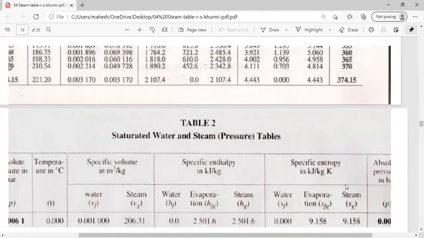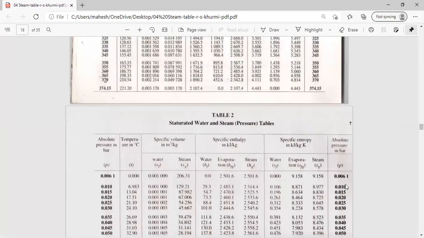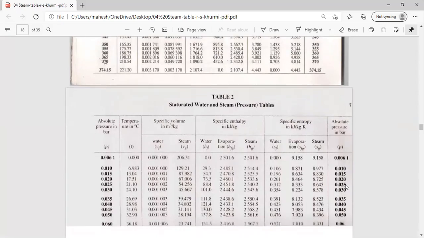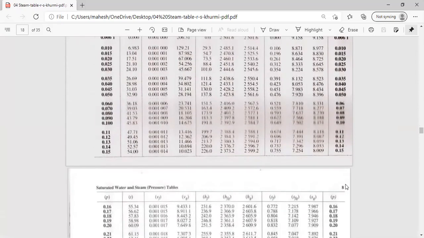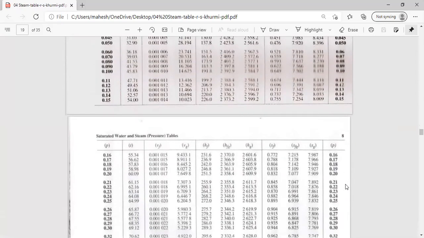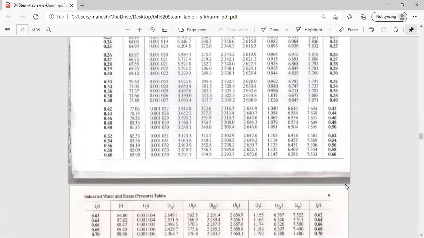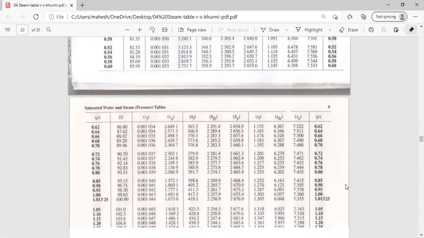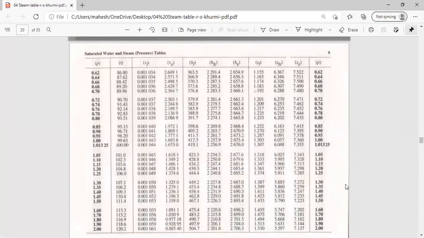In the pressure table, as you see, the first column is the pressure column and the second column is the temperature column. My pressure is 0.1 megapascal, which is 1 bar, approximately 1 atmospheric pressure. So you see that when the pressure is 1.01325 bar, the corresponding temperature is 100 degrees centigrade.